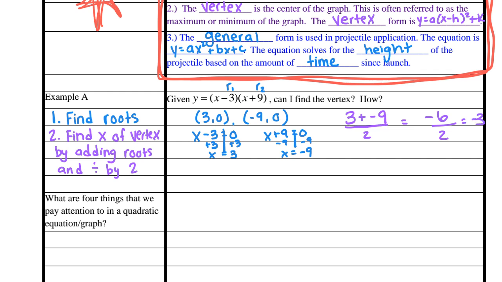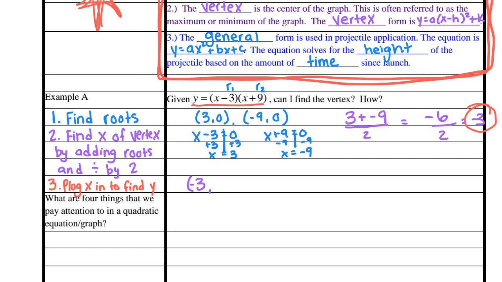So now we know that for our vertex, our x value would be negative 3. Our last step is to plug our x in to find the y value. So now we know our x value is negative 3. So in our original equation, into this factored form, I'm going to plug negative 3 in for x.